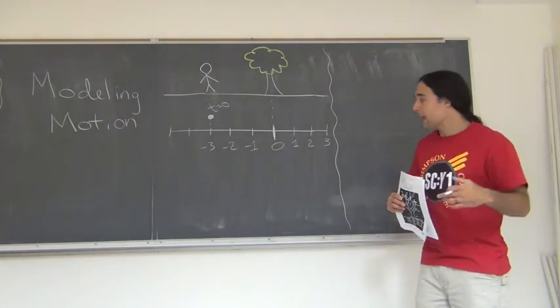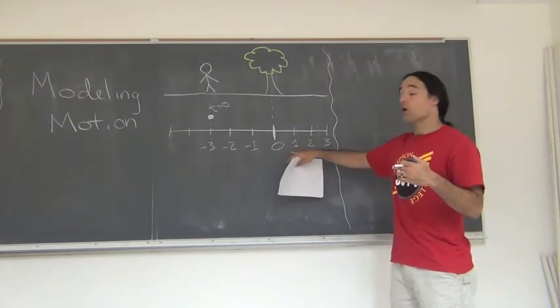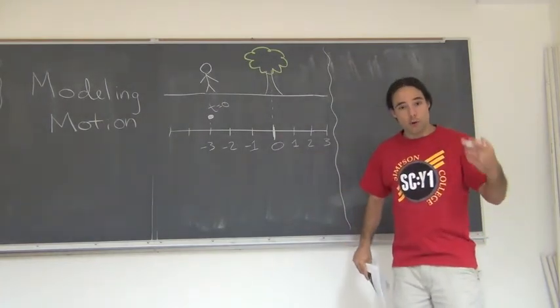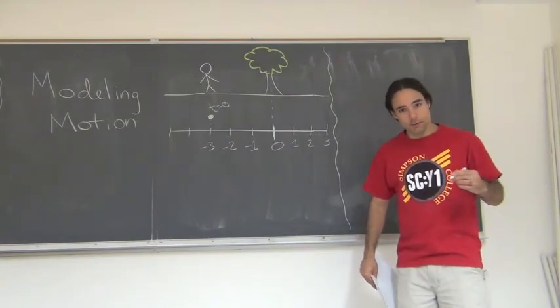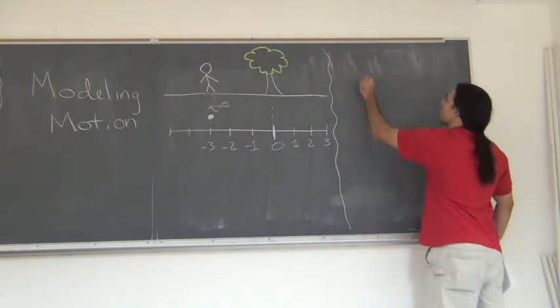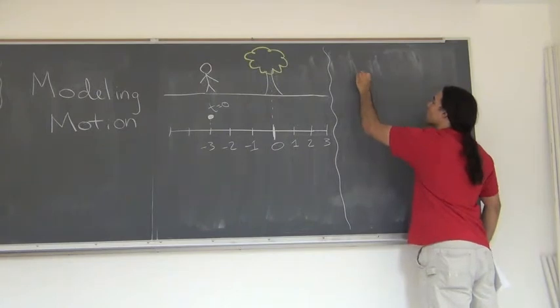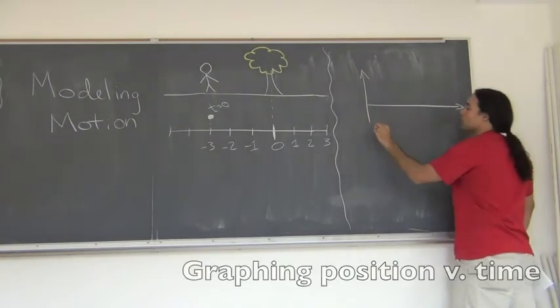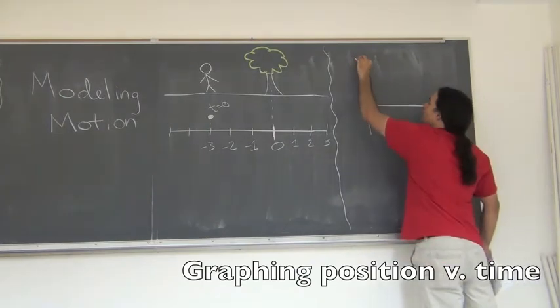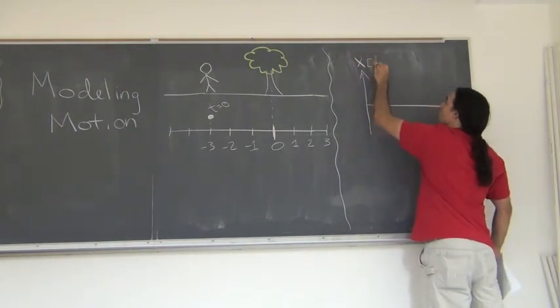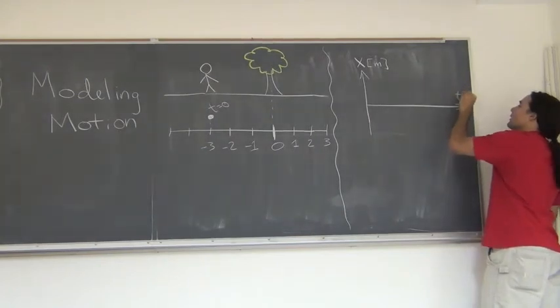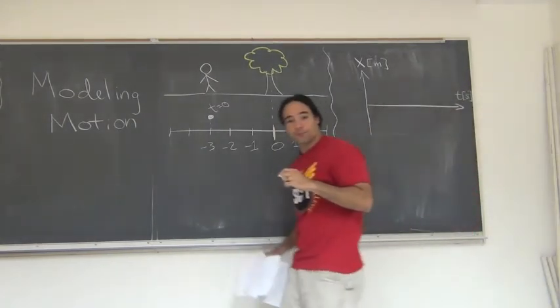Now, we can go further than that. Rather than just doing a motion diagram, we can also make a plot, a graph of that motion. So I can plot my position, x in meters, as a function of time in seconds.